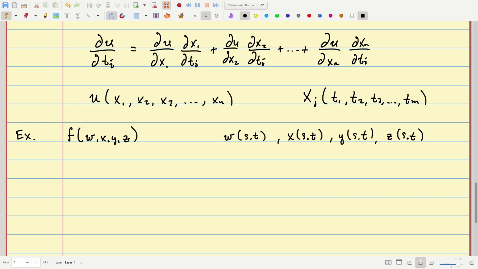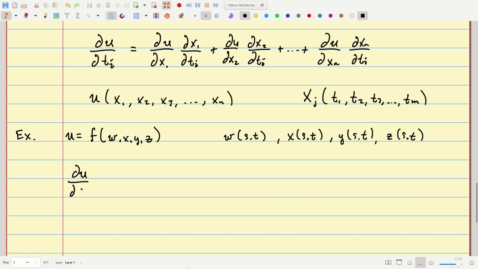All right, so if we want to figure out what the derivative of f with respect to s is, we apply the theorem. I guess I have to give this a letter, sorry. I'll call this u.